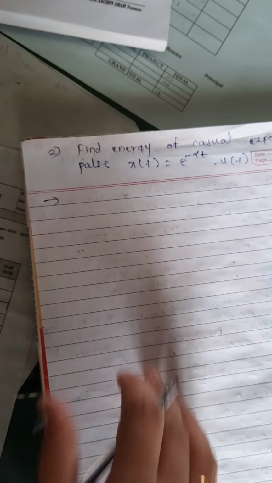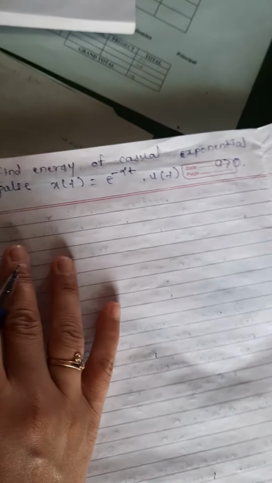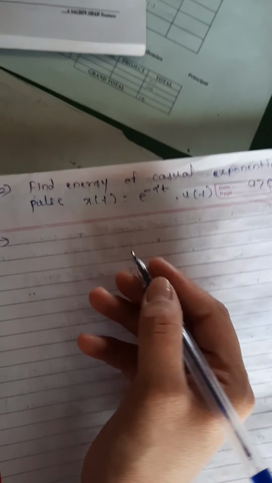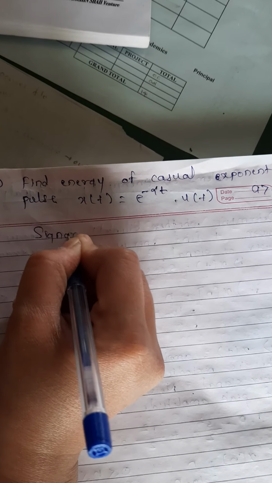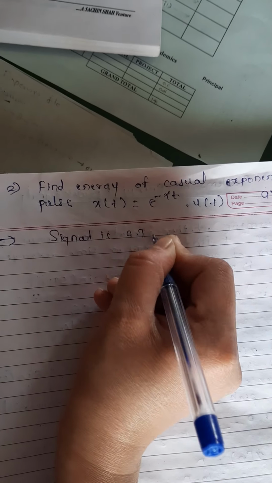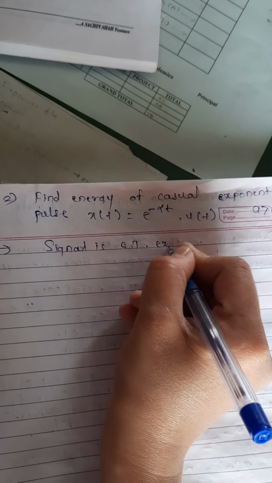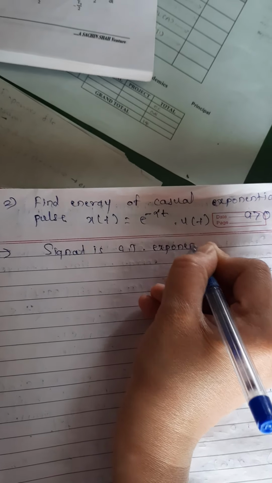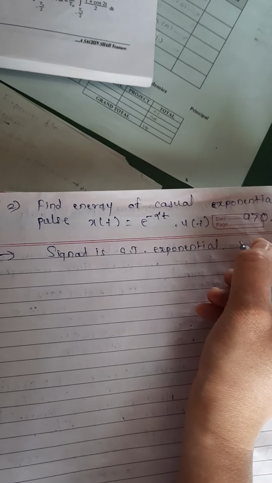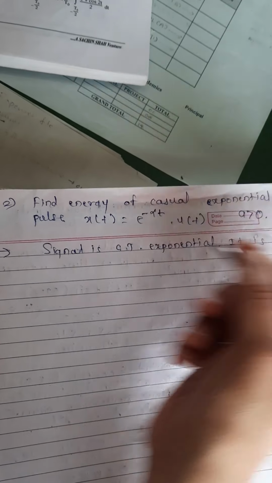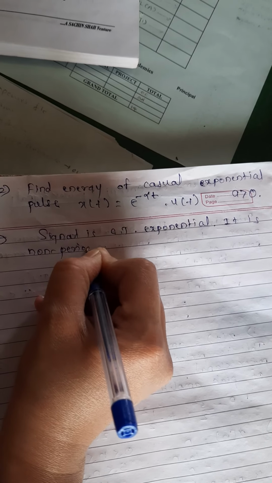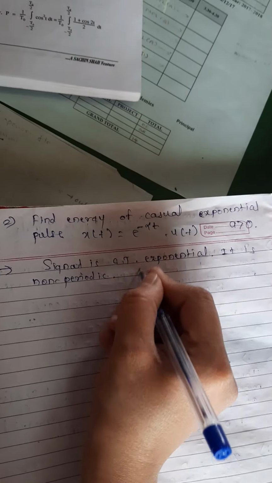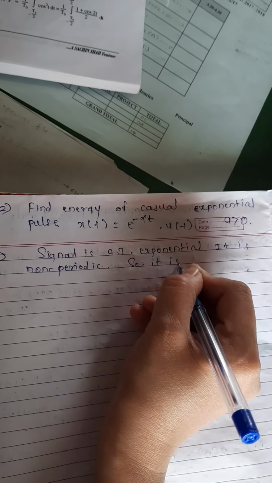Now the signal is exponential, so it is non-periodic, so it is an energy signal. We write here the signal is exponential, it is non-periodic, so it is an energy signal.